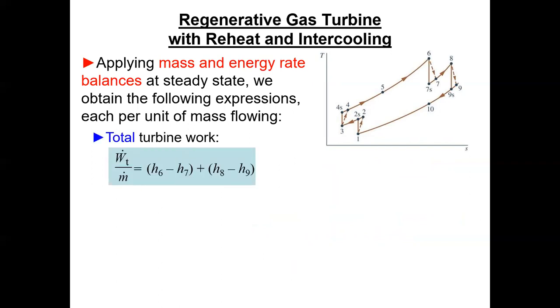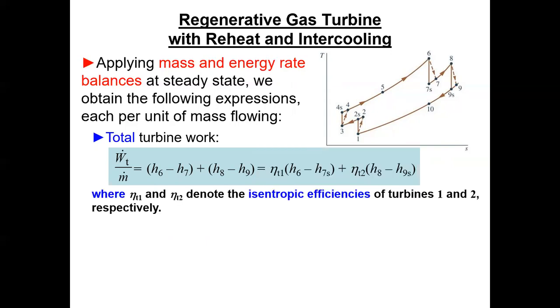Okay, so you just have to be able to look at the diagrams and identify the states, right? So the expansions come down. 6 to 7 is an expansion, and 8 to 9 is an expansion. So H6 minus H7, turbine work. H8 minus H9, turbine work. Okay? And this is handy to remember. This can save you some time working problems.